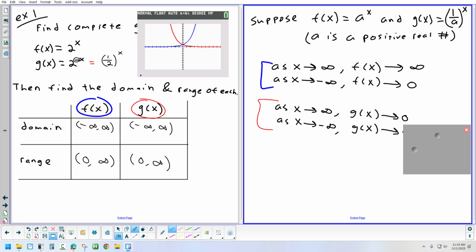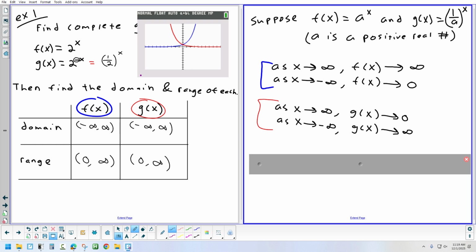Infinity. And those two statements we just said are characteristic of all decay graphs. They go down to a value as you go to the right. It might not always be 0, but they go down to a value. And as you go to the left, they curve up forever. So that's the big difference between growth and decay.